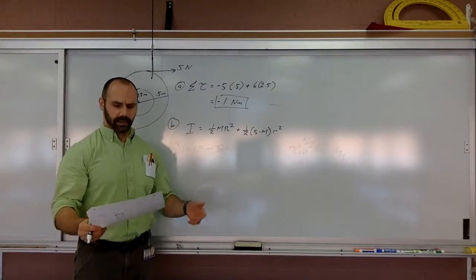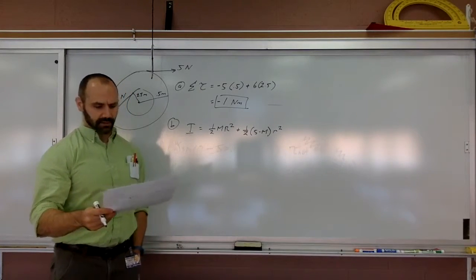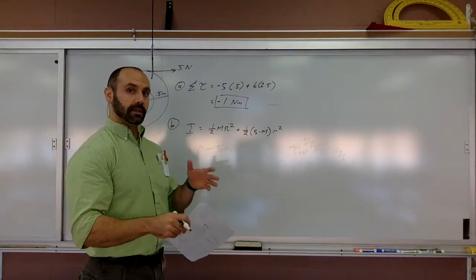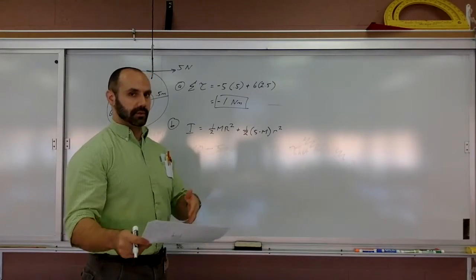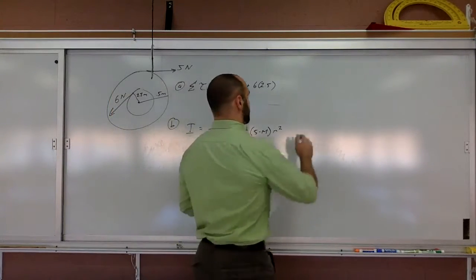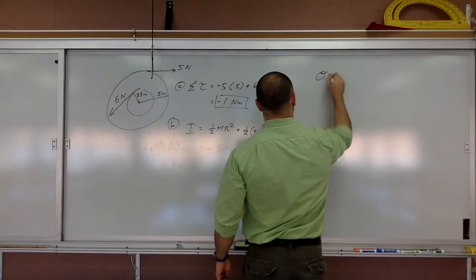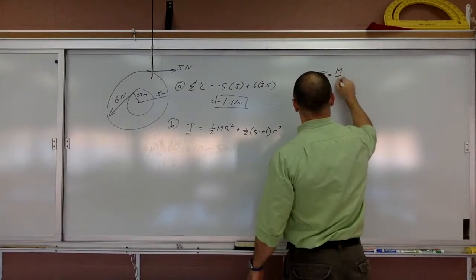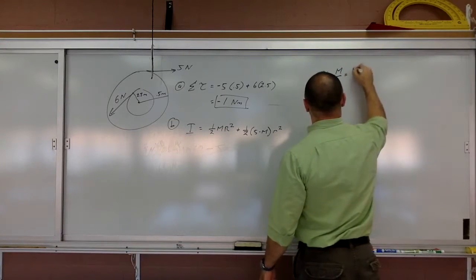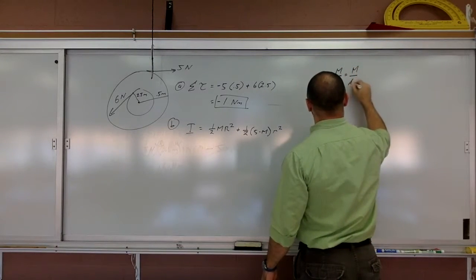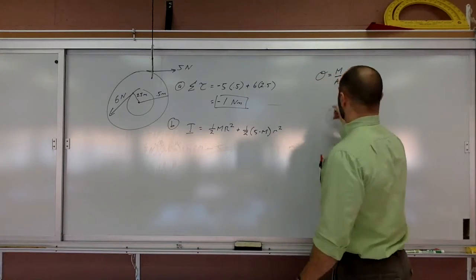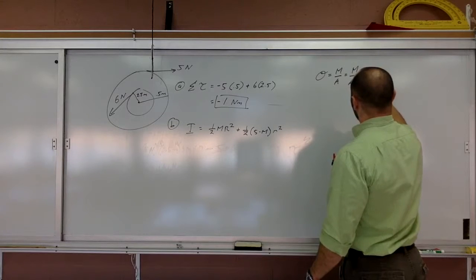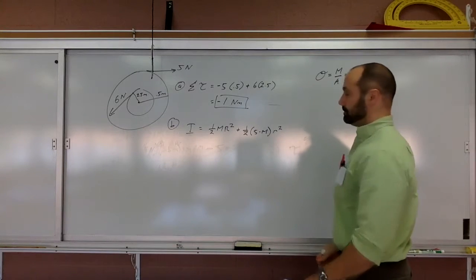I need to figure out somehow the ratio of these masses. Since it's uniform, then I know that the mass is proportional to the area of the thing, right? So, sigma, the surface mass density, is m over A. So that's big M over A1 is equal to little m over A2. Okay.